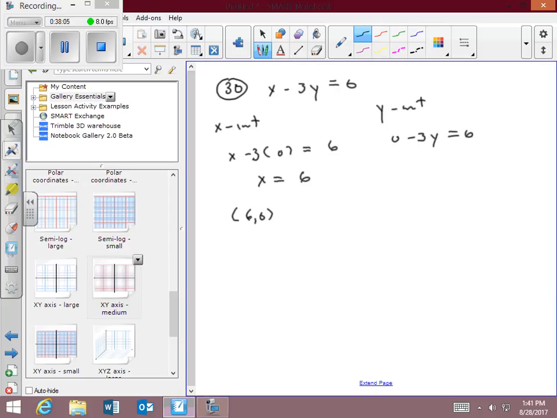I'm going to take both sides times minus 1/3, or else I'm going to divide by minus 3. And what am I going to get? Y is minus 2. Now my ordered pair is what? 0, minus 2.